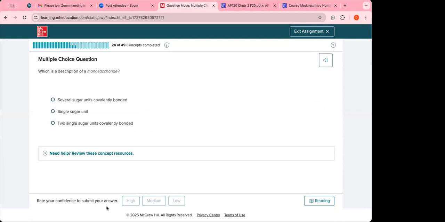Which is a description of a monosaccharide? Several sugar units covalently bonded, a simple sugar unit, or two sugar units covalently bonded. Monosaccharide. Remember, those are the simple sugars, right?